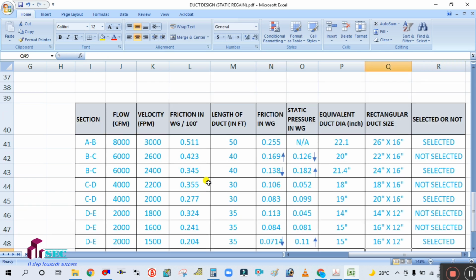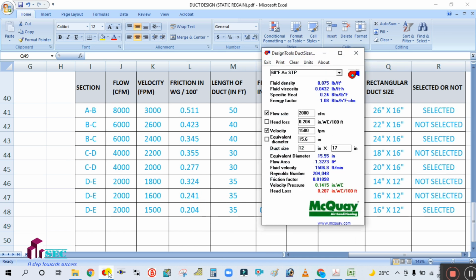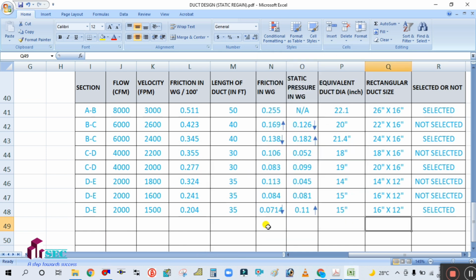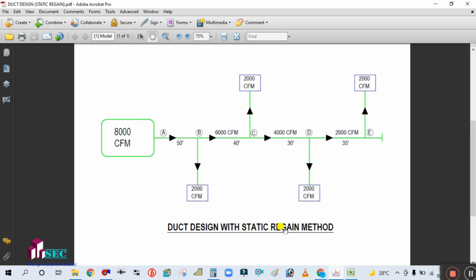So I think you guys learned how to do duct sizing using the static regain method. This is how we check again and again, so this is also called the trial and error method.